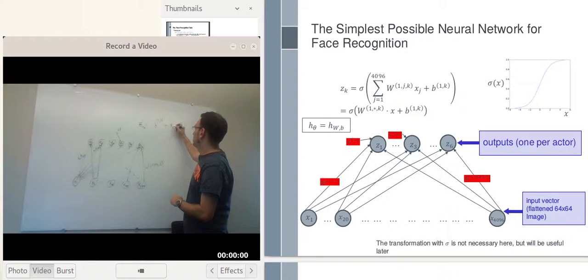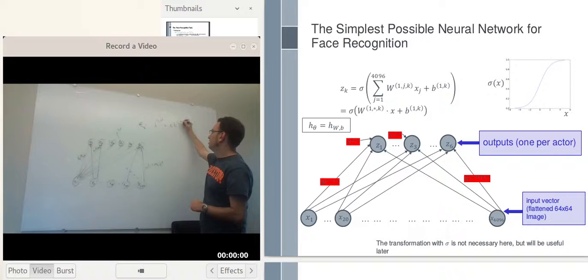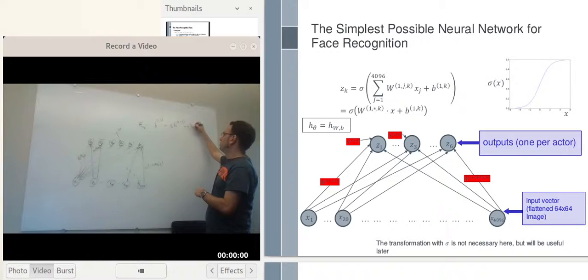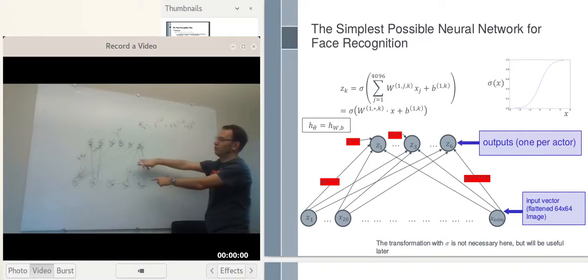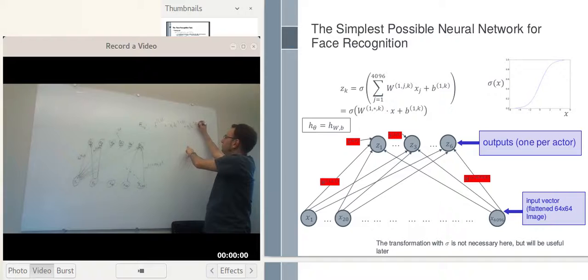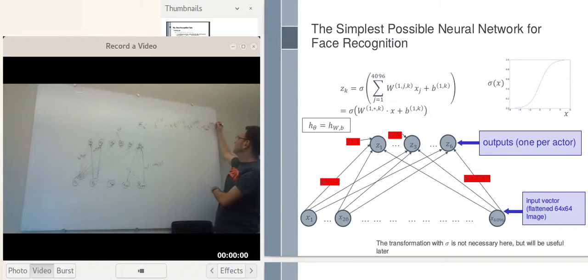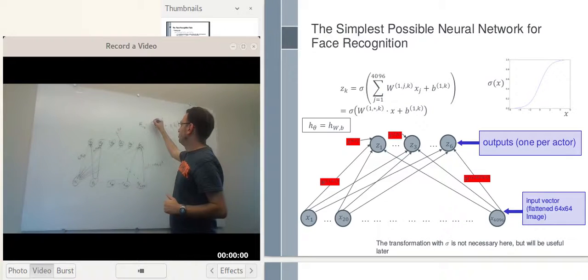So it would be X1 times W11K, and then you'll add X2 times W, so the 1 is always there for those ones. Now it goes out of 2 and it goes into K. And so on up to X4096 times W1 4096 K, like this. And finally you apply the logistic function to it.